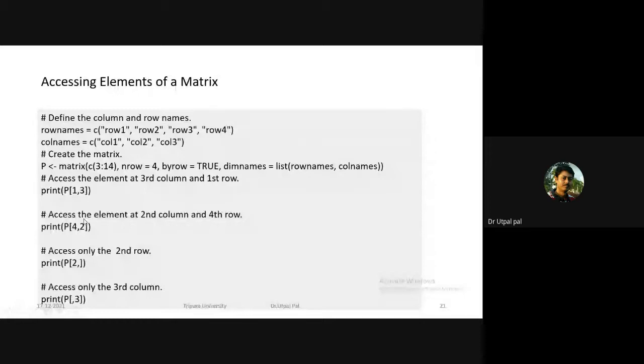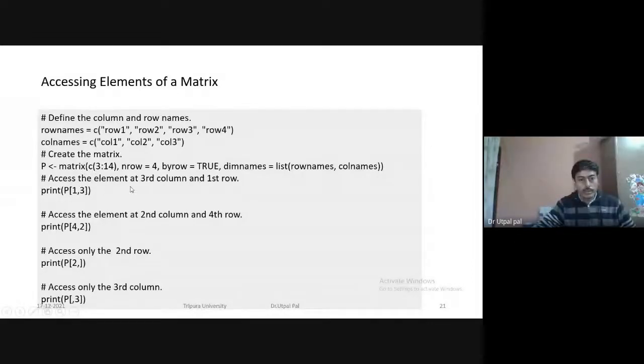Next, how to access the matrix elements. To access the matrix elements, we use brackets. Here P is the matrix. Suppose we want to access the first row, third column, for this we give P[1,3], and to access the fourth row, second column, we give P[4,2].